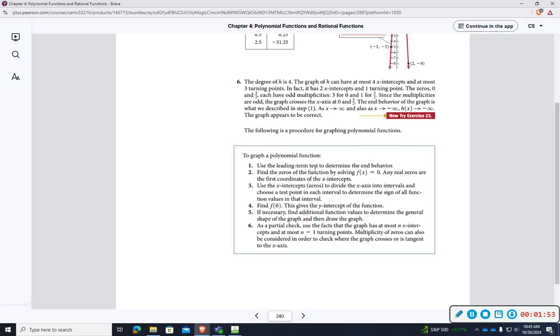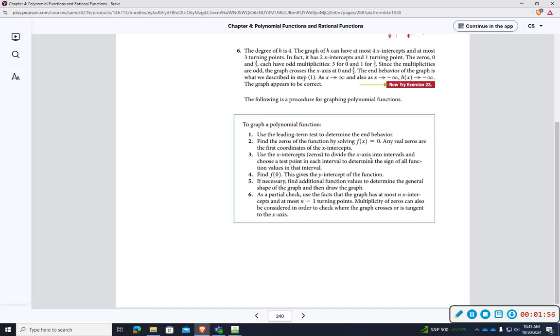Here is a box that kind of gives you the steps to graph a polynomial. So use the leading term to find the end behavior, find the zeros, use the x-intercepts or zeros to divide it into intervals, and then we'll choose a point to determine the sign of the function in that interval. Find f of 0, so that's the y-intercept, and then if necessary find additional function values to get the general shape, and then as practical, you're going to check the facts of the graph.